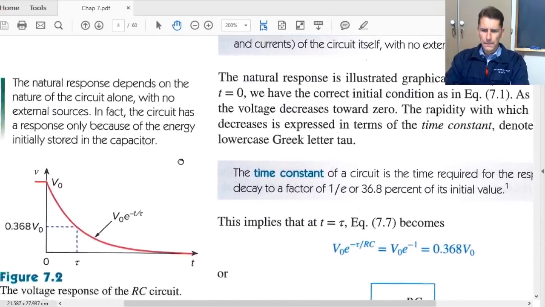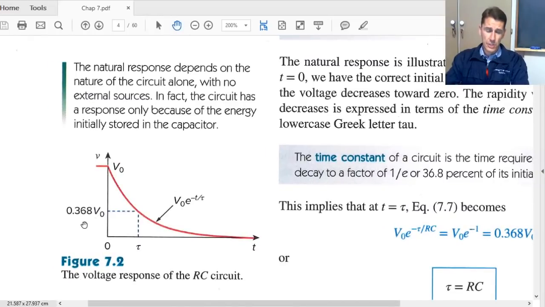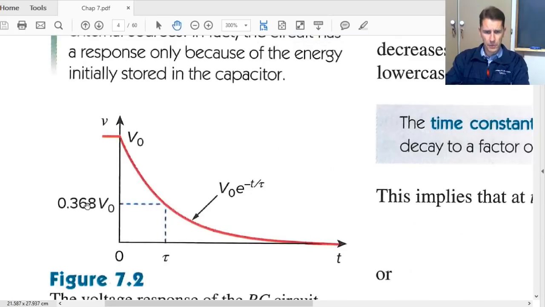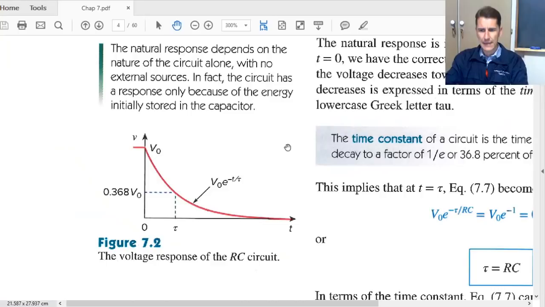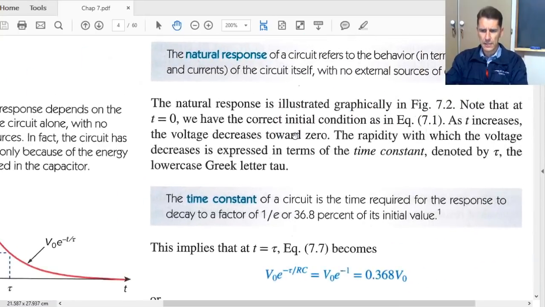If we look at that equation in a graphical form, like we've got here, we start at a certain value V0, and then the resistor is connected across that capacitor, or the source is taken out of the circuit, and the capacitor discharges exponentially through that resistor. So it loses its energy exponentially, and that happens at a certain rate. So that's being explained over here.